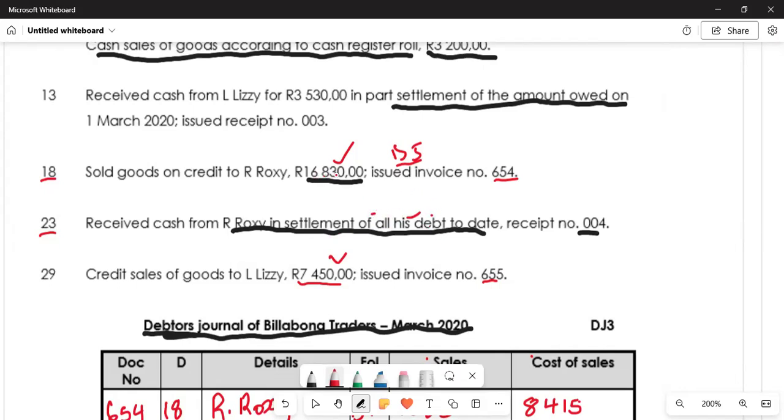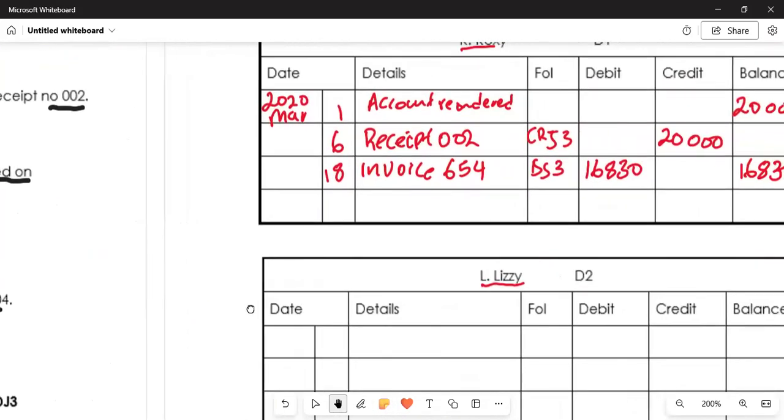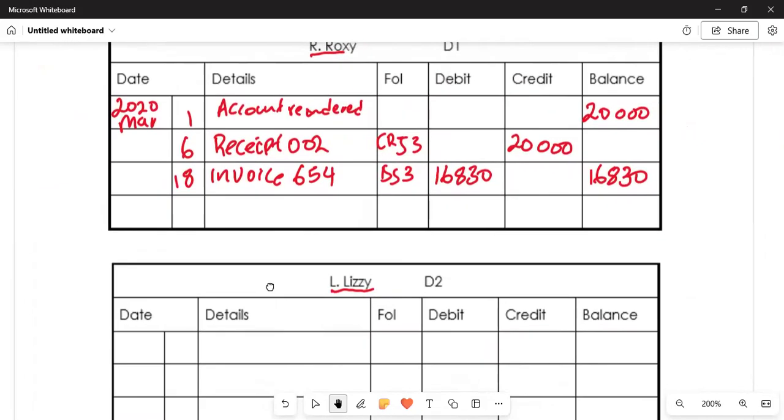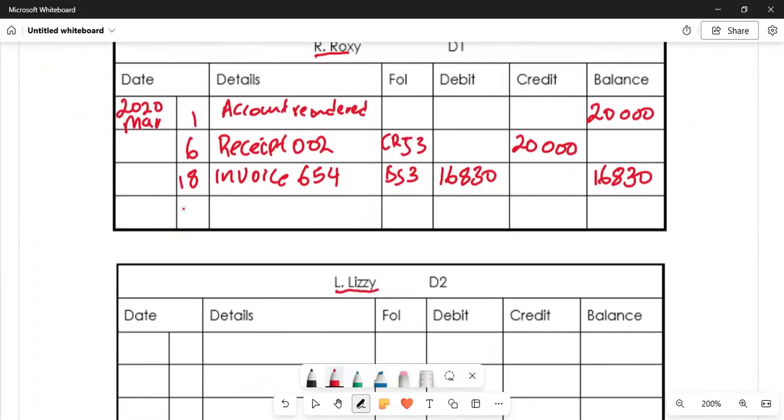It is 16,830. Roxy managed to pay that. So it means now we are going to receive what Roxy owed us, so now we are to go and record it, because he managed to settle that. Then you are going to say on the 23rd, then we write: received.